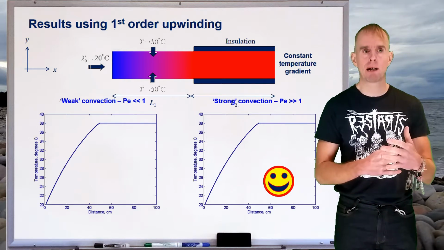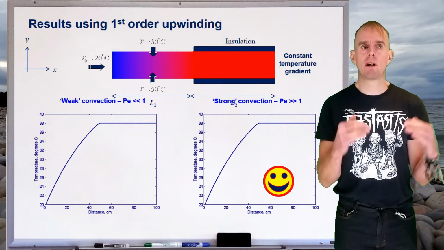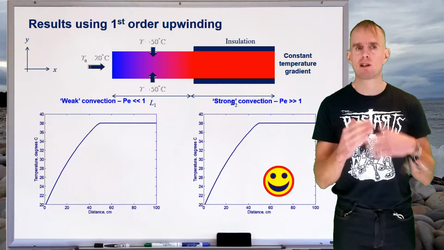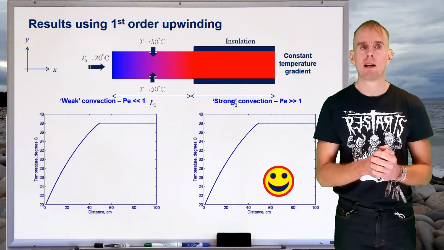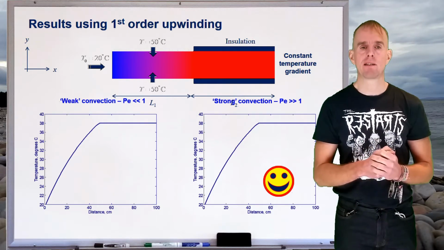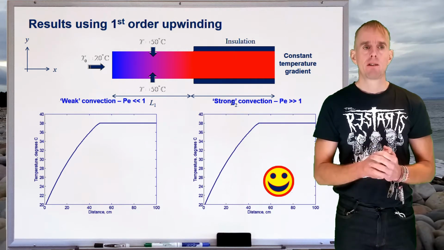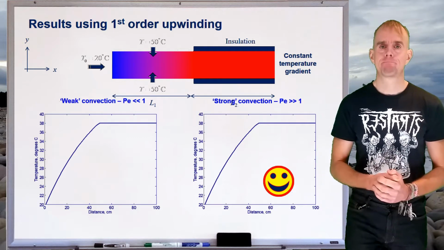We can nitpick about whether they should asymptote to the same value, but since I've only said weak convection and strong convection, not actually put velocity terms on here, then the exact point at which you get that steady state temperature is hard to judge. So this looks like problem solved, doesn't it?